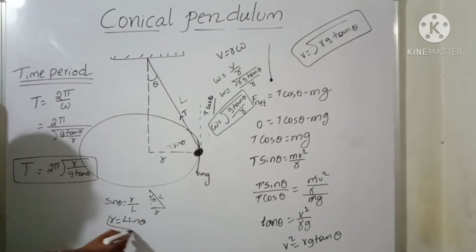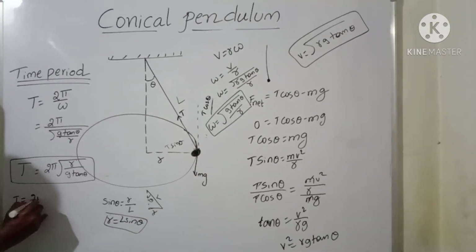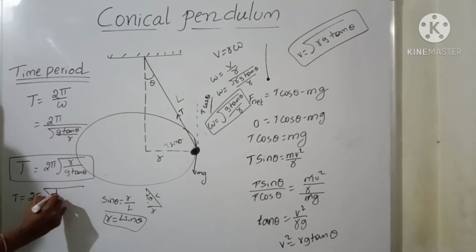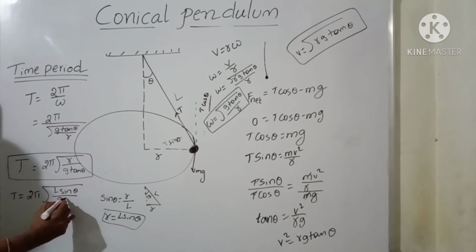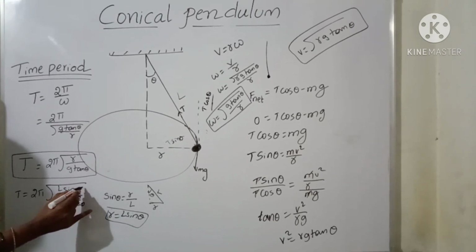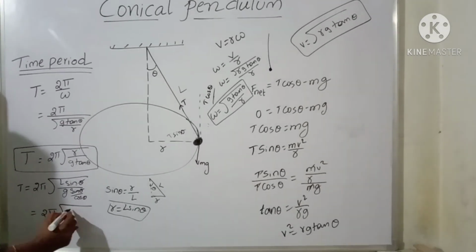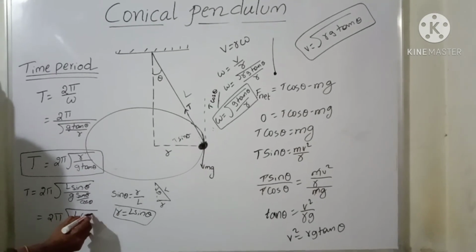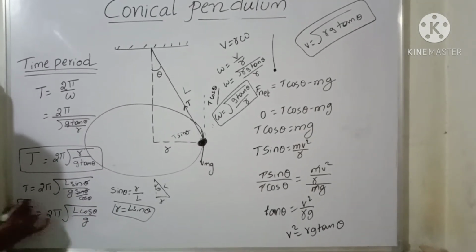Now substituting the r value in this equation, T equals 2 pi root of L sin theta by g tan theta. Tan theta we can write as sin theta by cos theta. Here sin theta cancels, and finally T equals 2 pi root of L cos theta by g. This is the time period of the pendulum.